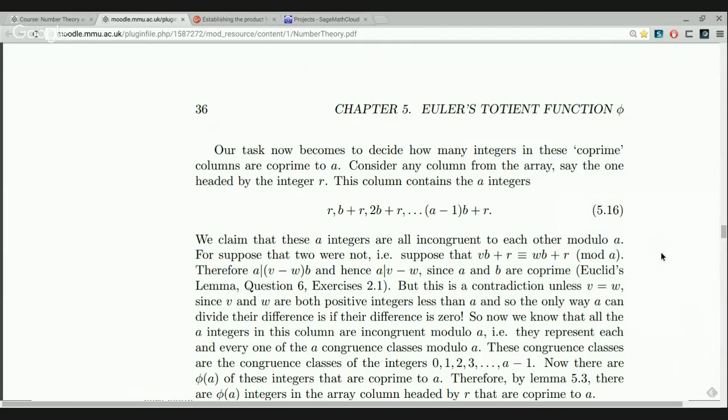That means a must divide the other factor. So how can a divide v minus w? What are the options for v minus w? v and w are two numbers from the range 0 through a minus 1. How can those have a difference that's a multiple of a? Because they're both trapped between 0 and a minus 1.